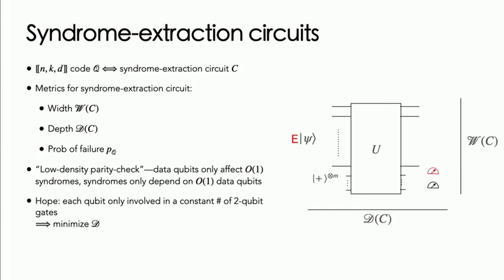And the idea in circuit form, which is the way that I'm presenting things here, is that every qubit, as it's only involved in a constant number of 2-qubit gates, is going to minimize the depth required to perform the syndrome extraction. And if we were to use a single ancilla bit for performing our syndrome measurements, then we are also using a total number of qubits that's proportional to the data qubits that we've started with.